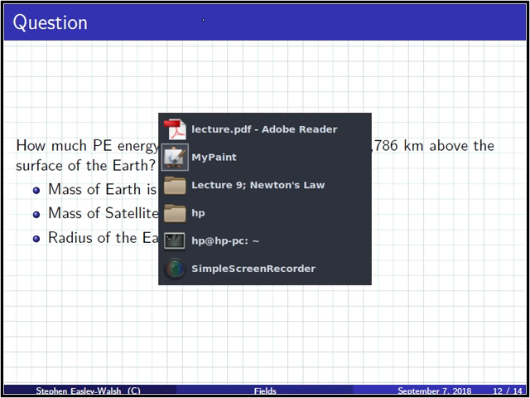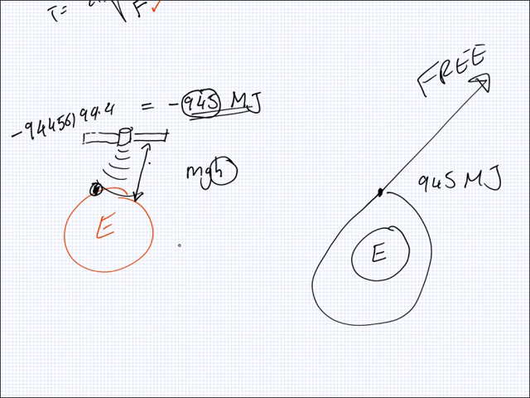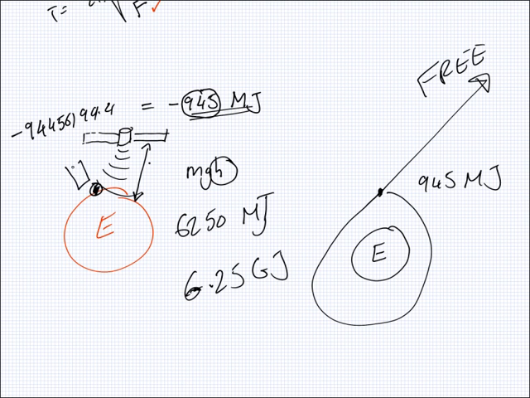Much different. 6250 megajoules. So that's 6.25 gigajoules. That's why rockets are so big. They need lots of energy to be very big.